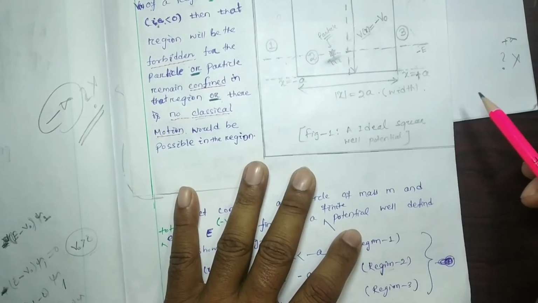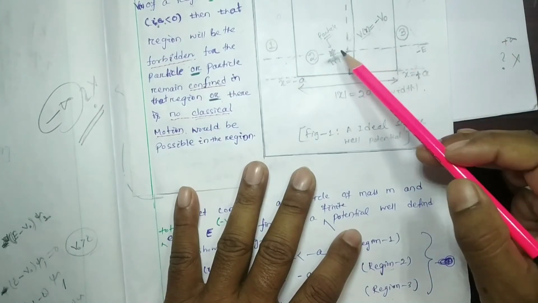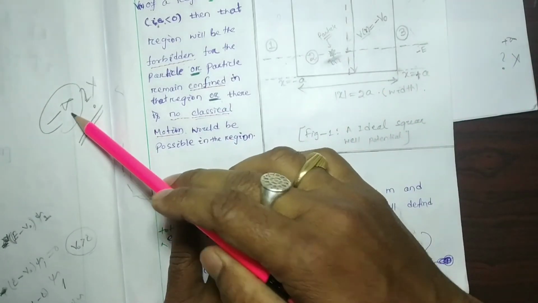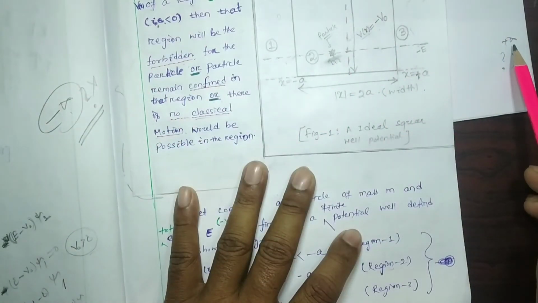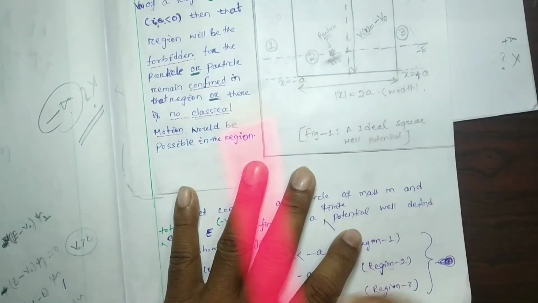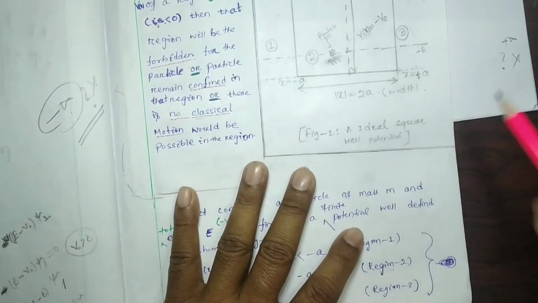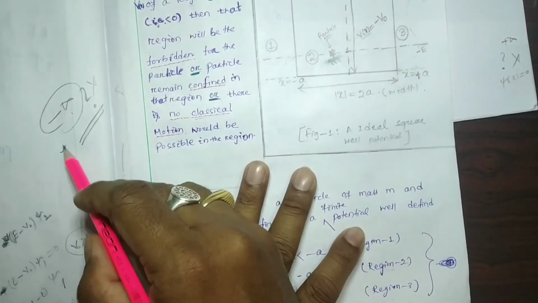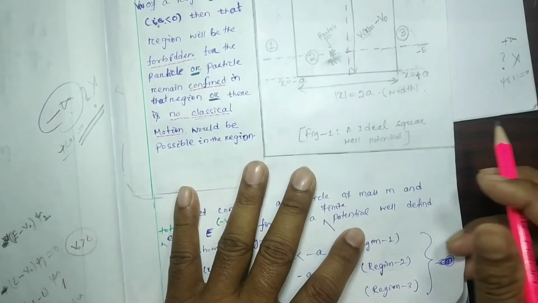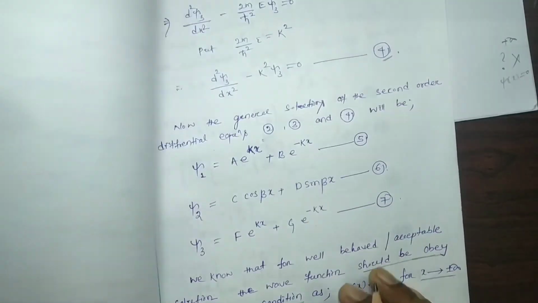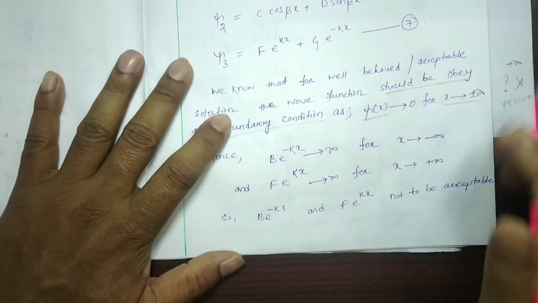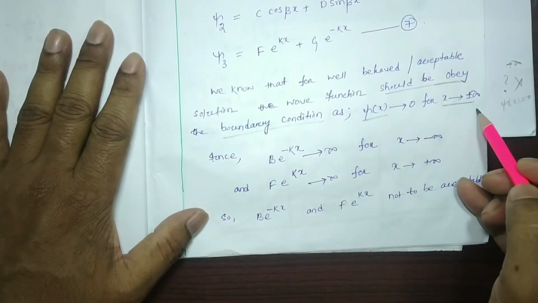If we consider a particular problem, the particle will be here, and it could not exist at plus infinity and minus infinity. That means the particle behavior at plus and minus infinity will be 0. That means psi of x will be 0 at plus infinity, and psi of x will also be 0 at minus infinity. This is one of the boundary conditions in our quantum mechanics. So psi of x tends to 0 when x tends to plus or minus infinity.